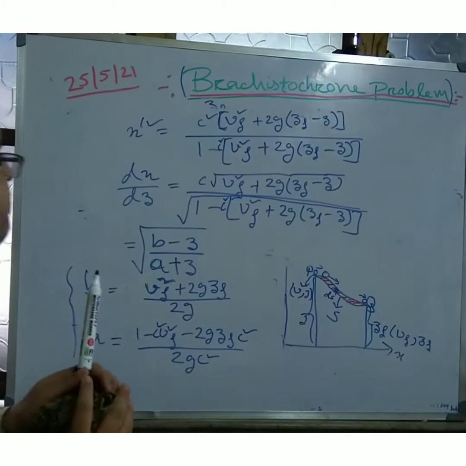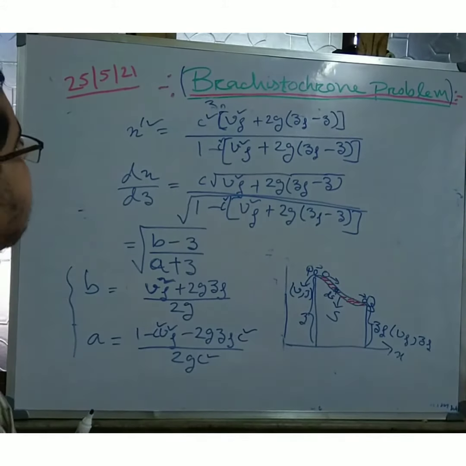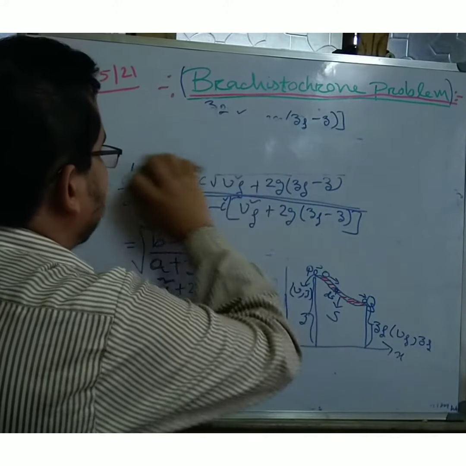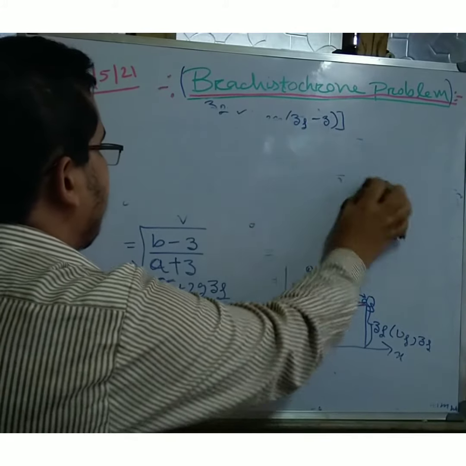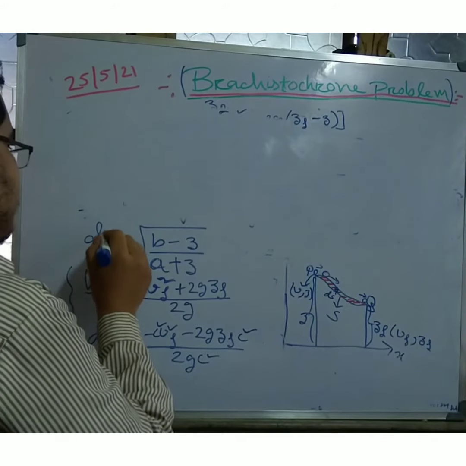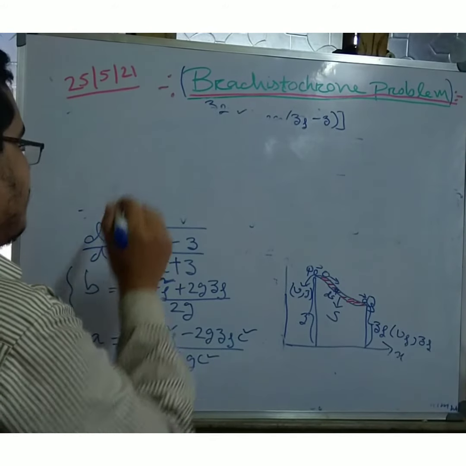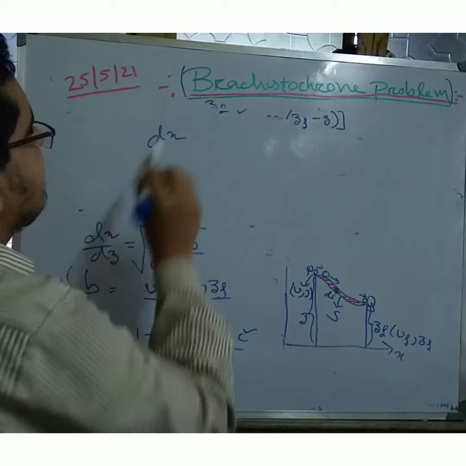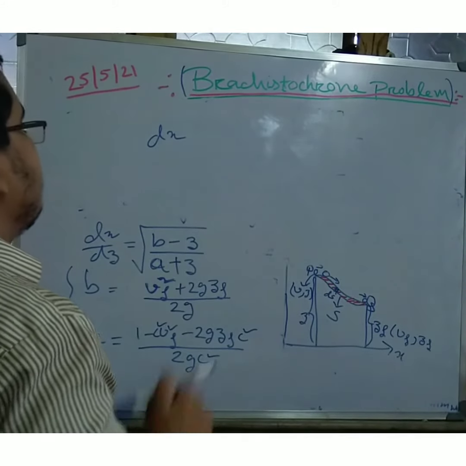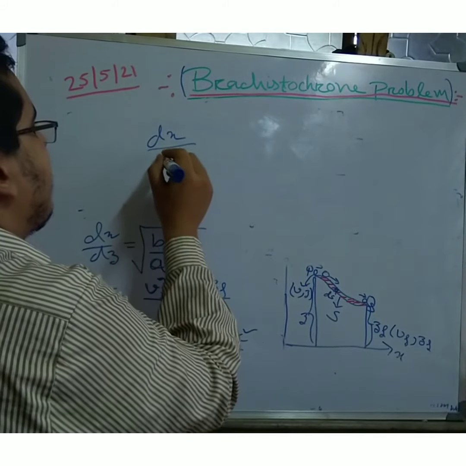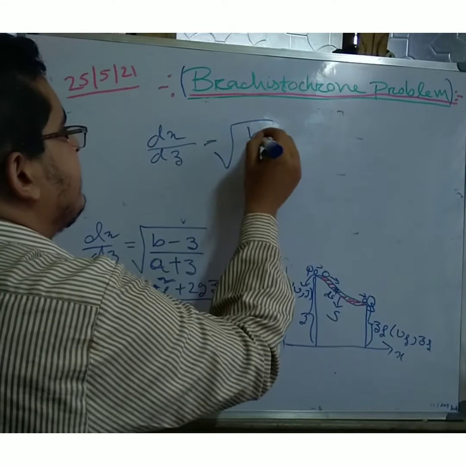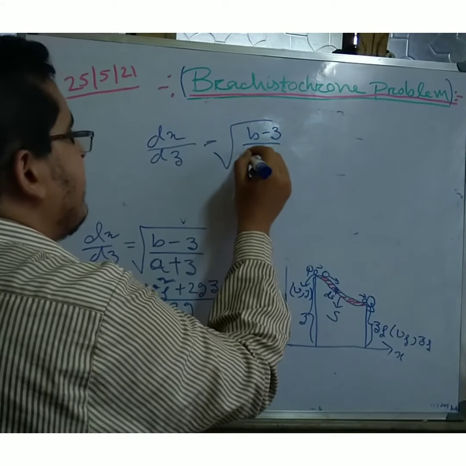Now you see that it is fact, and after that I remove this portion, whatever I get dx by dj equals to this portion. So friends, dx by dj equal to root over b minus j into a plus j.